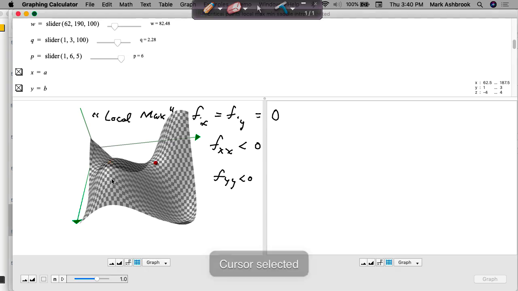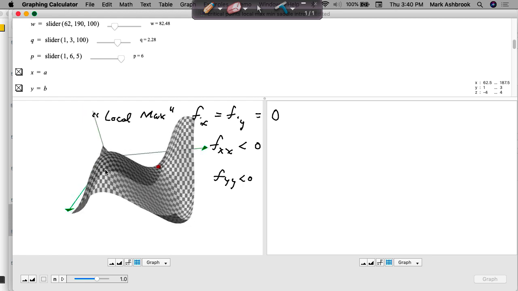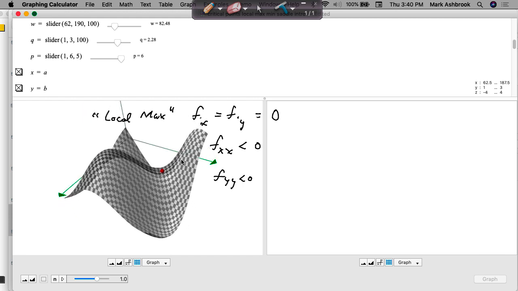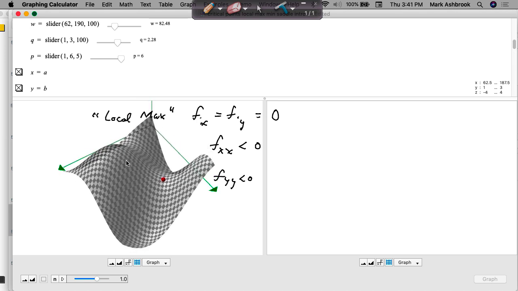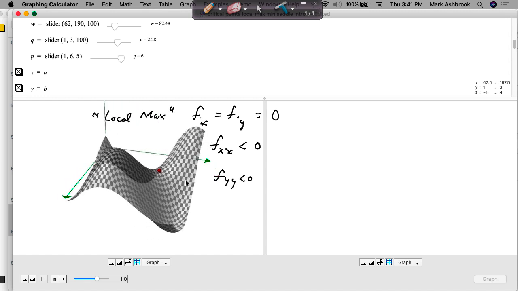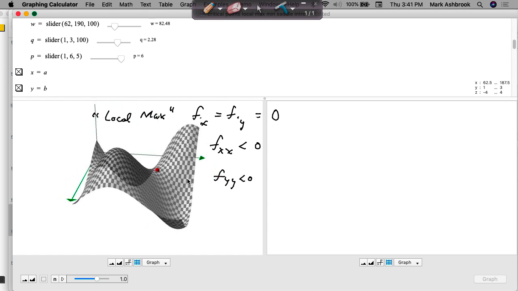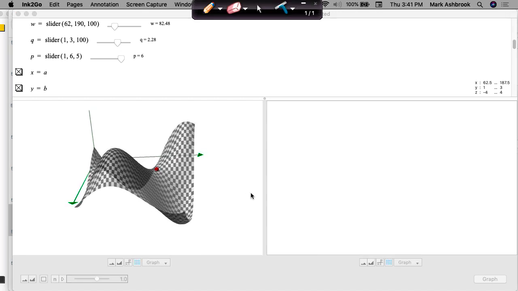How about there? This is a crowd pleaser. What do we got, guys and gals? That's a good view. Partial with respect to x: 0. Partial with respect to y: 0.